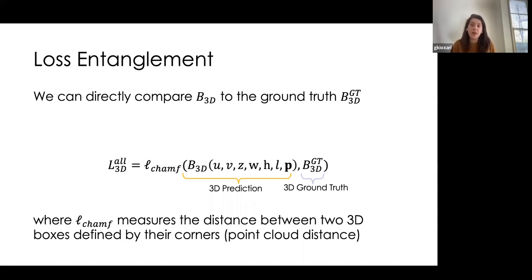Is it because there was an error in the depth, or is it because there was an error in the rotation? So while this entanglement is fantastic because we no longer have to look at it as predicting different parameter sets, it actually inserts some ambiguity. And so this is where we're going to disentangle the entangled loss.